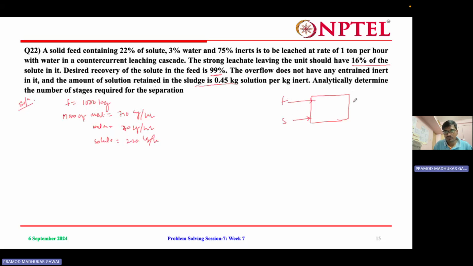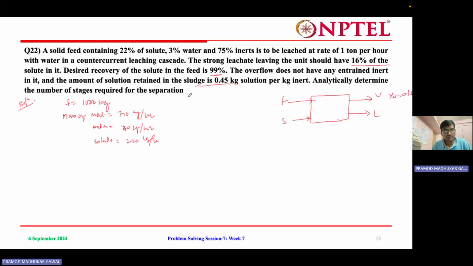Feed solvent rate V and L. So here is a 99% recovery of the solute. Now here the strong leachate leaving the unit should have 16%, so Yn is equal to 0.16.